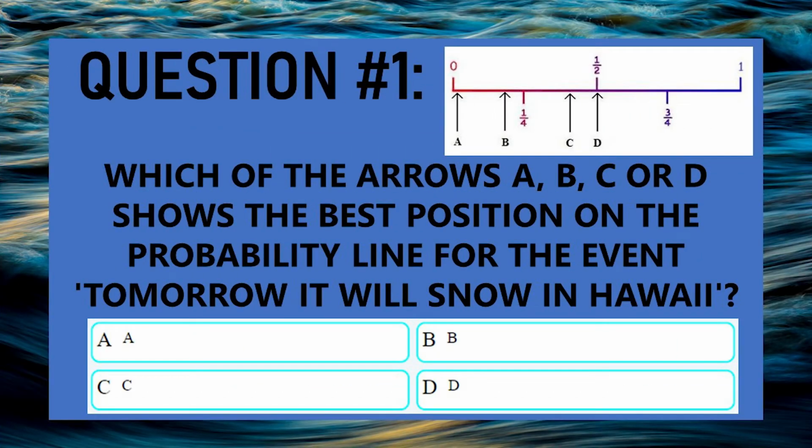Question number 1. Which of the arrows A, B, C, or D shows the best position on the probability line for the event: tomorrow it will snow in Hawaii?